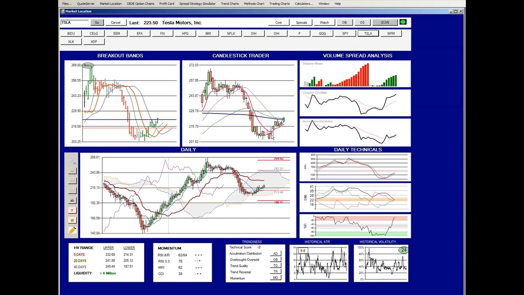Just some pre-indications: if we look at the volume spread analysis, we can see that the run-up from the low, at around 205, has been fairly consistent, and that the stock is getting support because the volume waves are accumulating upwards.